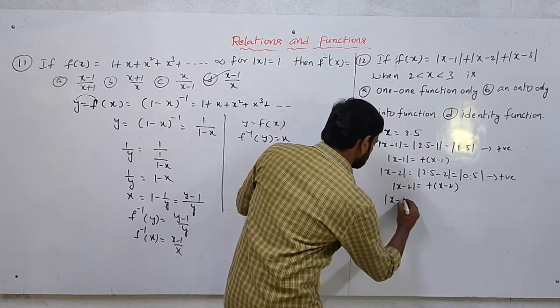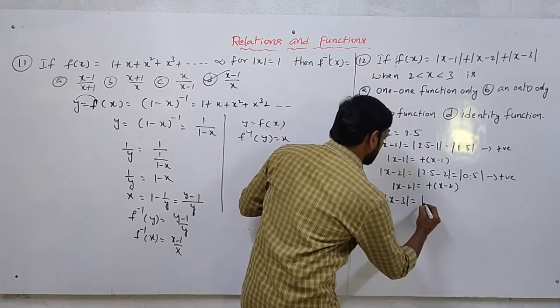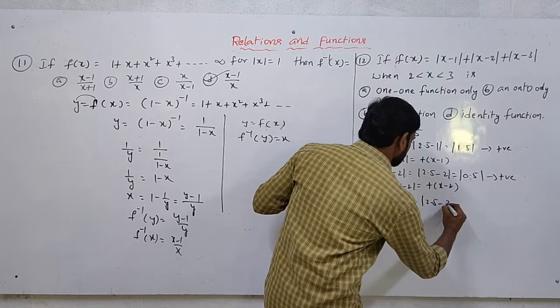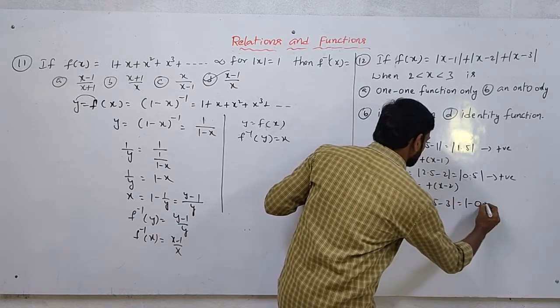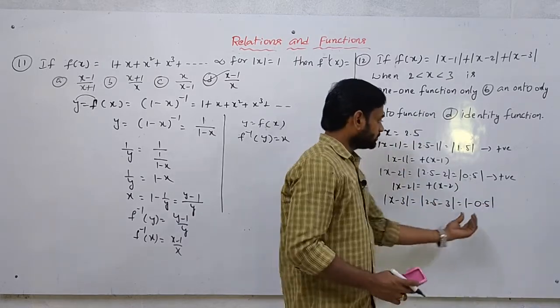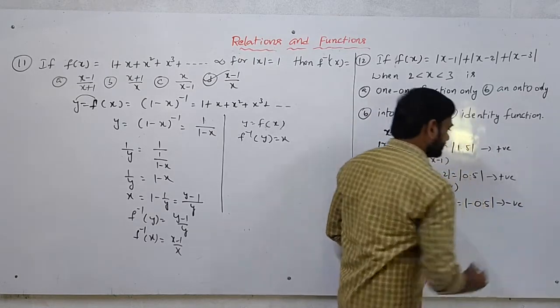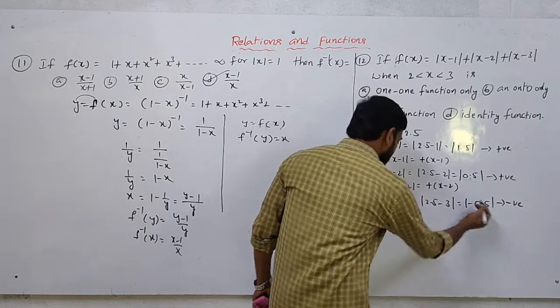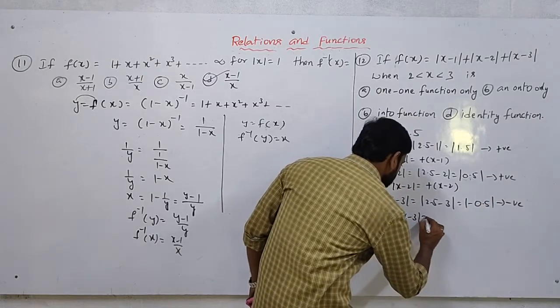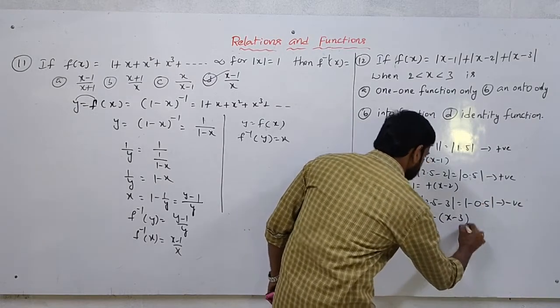Next, another is mod of x minus 3, that is mod of 2.5 minus 3, that is mod of minus 0.5. Inside the mod you got negative. When you get negative, mod of x minus 3 is equal to minus of x minus 3.